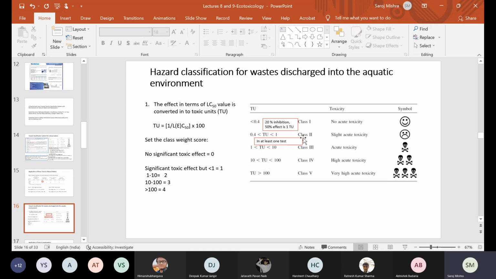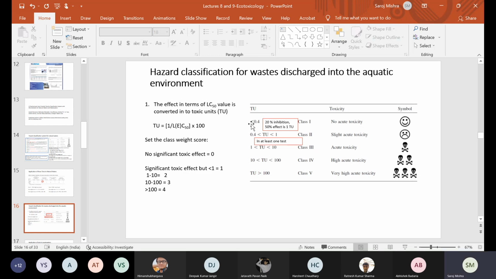Okay, so the only point you have to remember here is that since these are wastewaters, if you are just monitoring 20% inhibition, 20% inhibition is also equivalent to 0.4 toxicity units.